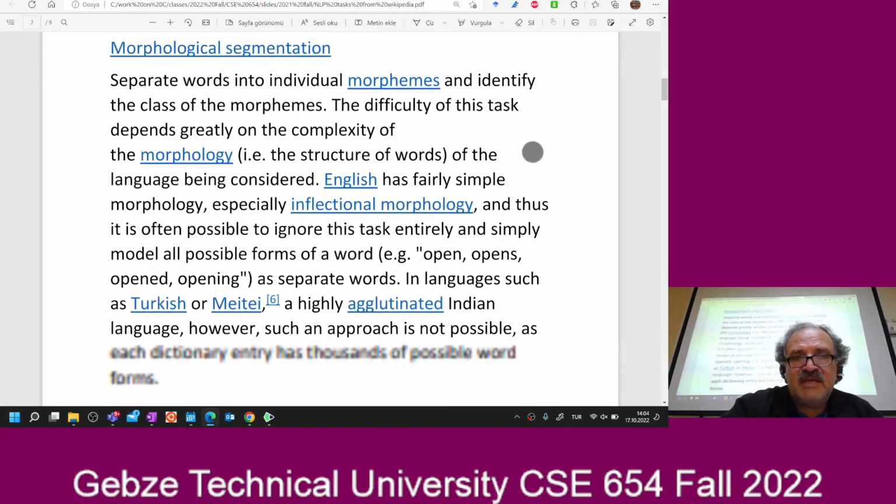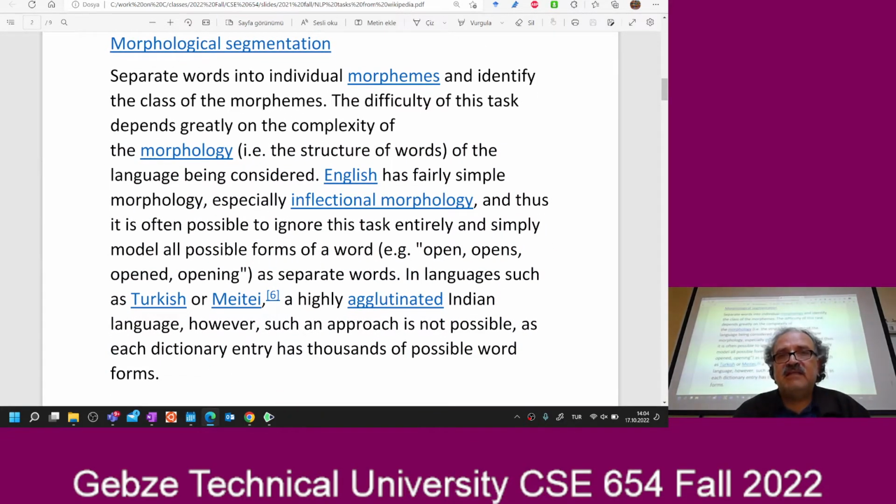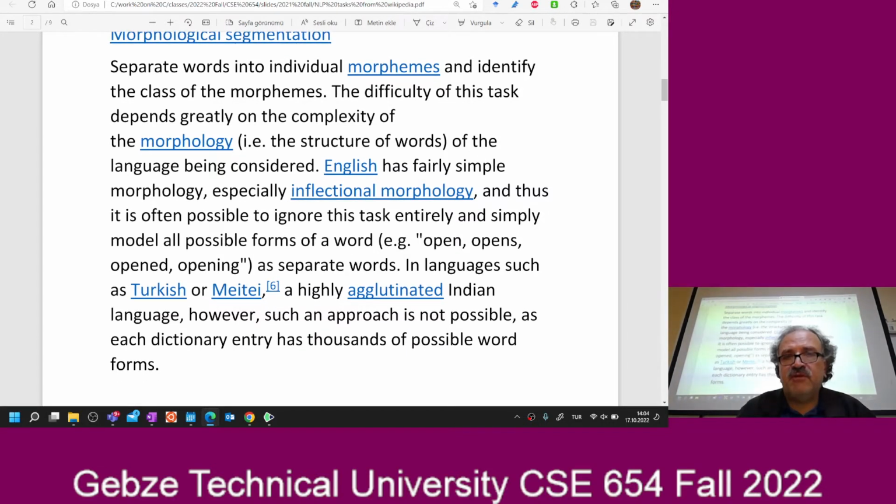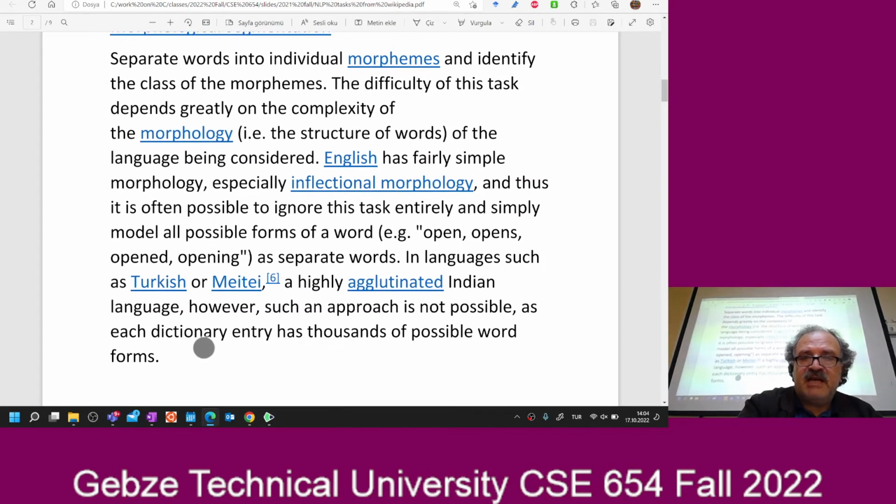Morphological segmentation or analysis is something that is fairly straightforward for some languages like English. English has fairly simple morphology, but in languages such as Turkish, agglutinated languages we call them, every dictionary entry has thousands of possible word forms. You remember? These are all inflectional suffixes.